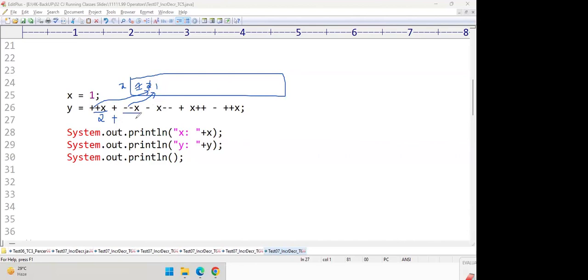Read, substitute, 1. Write exactly below the minus. X minus minus: read, substitute, decrease. Plus. X plus plus: read, 0. Increase, 1. Minus. Plus plus: increase.